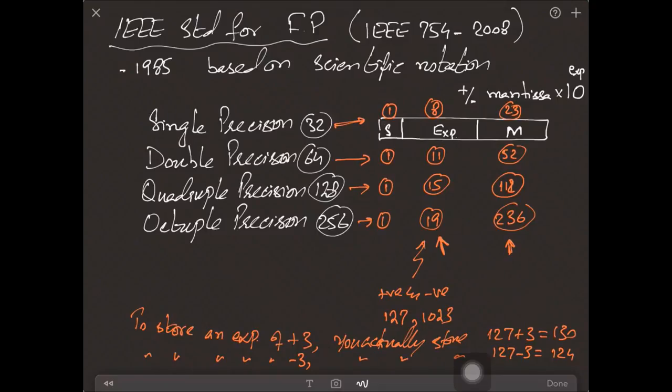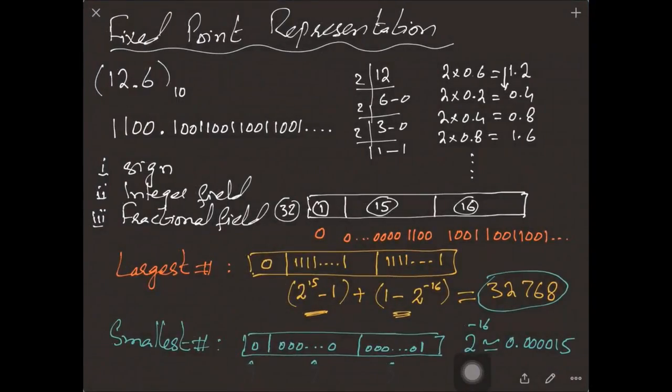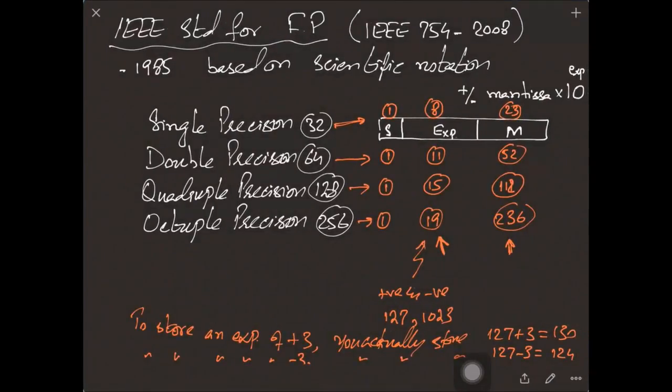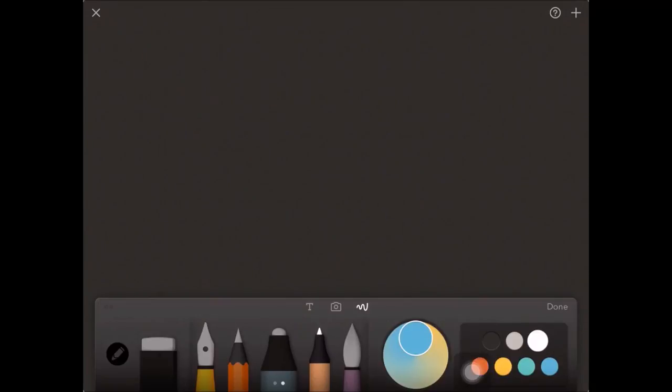So let's see how we can store values using floating point. We have seen how we can store 12.6 in fixed point. So let me move over here and see how we can store this. We know that 12.6 can be written as 1100.1001 1001 and so on. So we need to normalize it.